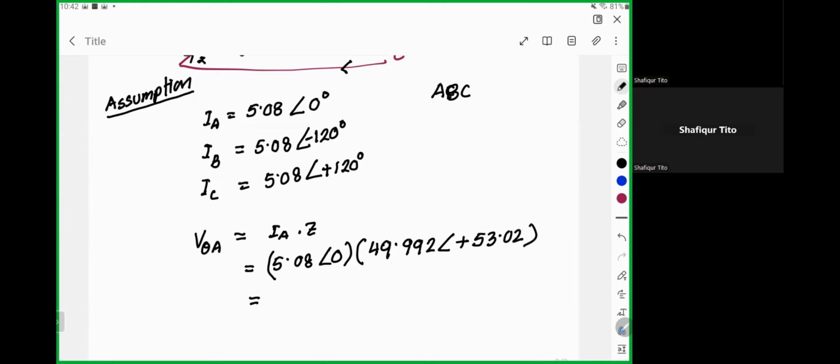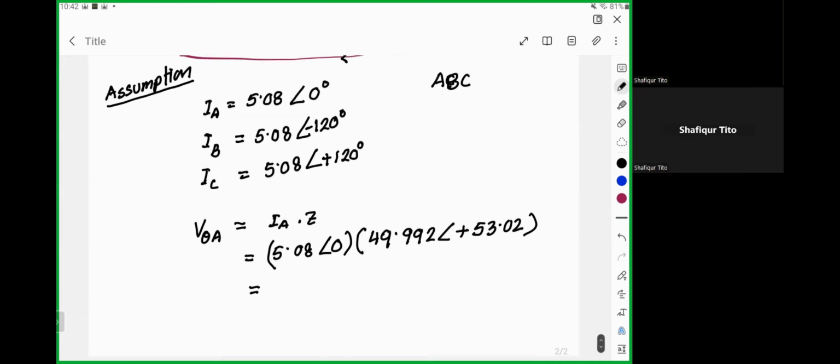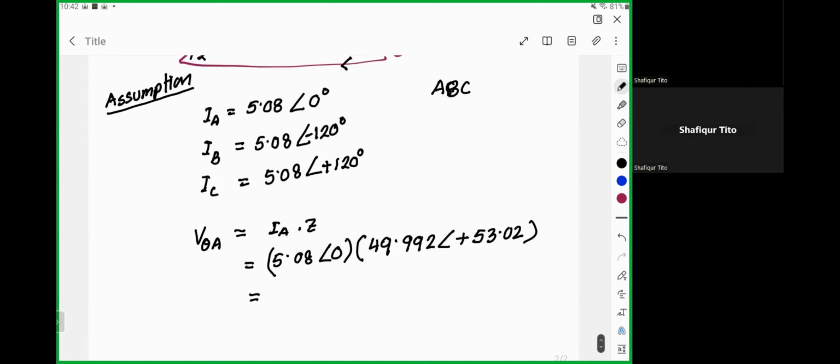So if you do this multiplication, what would be the value? 253.94, making an angle of 53 degree, right?